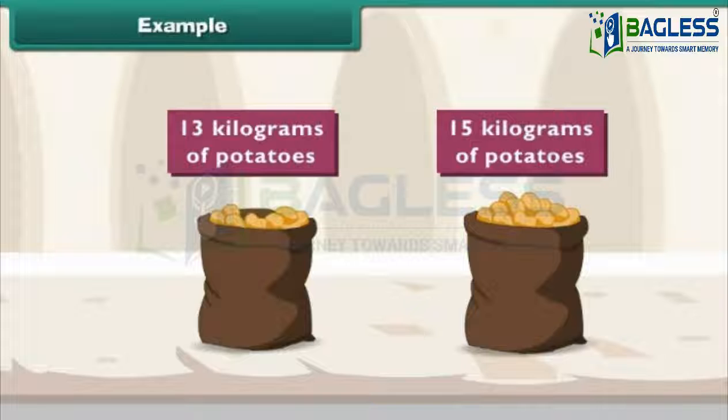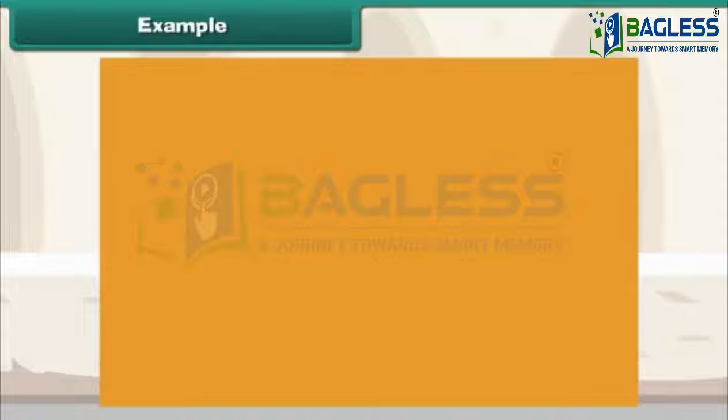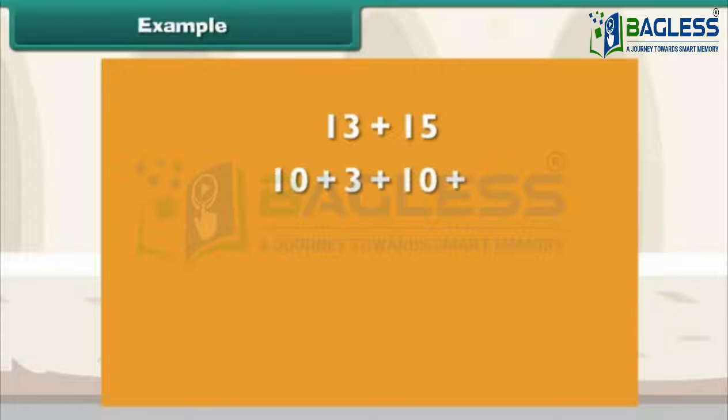To find the total quantity of potatoes, we must add 13 kgs and 15 kgs. Break the numbers into tens and ones. Write 13 plus 15 as 10 plus 3 plus 10 plus 5.